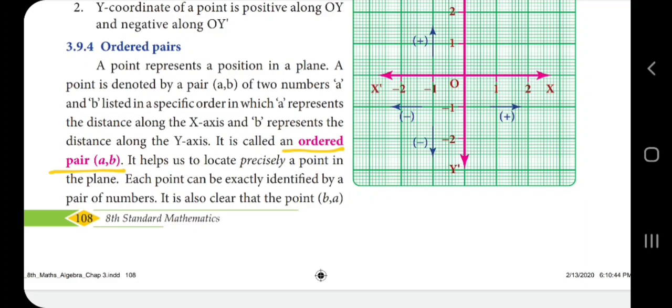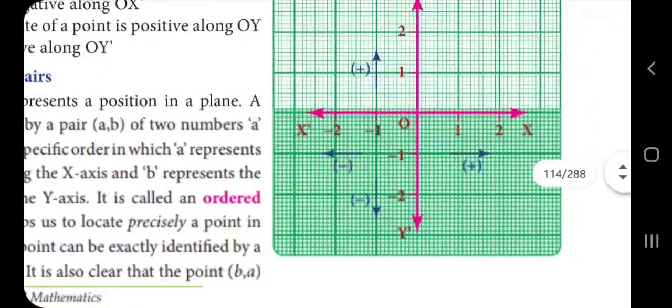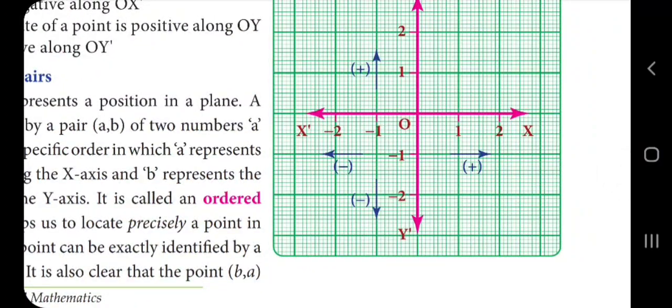If you see this, you can take it as the example: 2 comma minus 2. So 2 comma minus 2 means 2 on the x-axis and minus 2 on the y-axis. Here plus 2 is there, minus 2 is there.